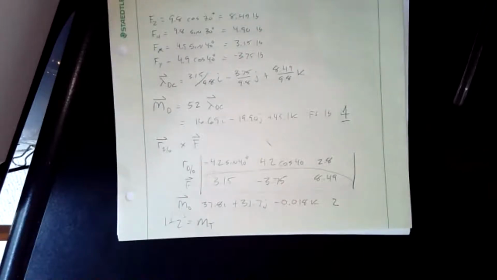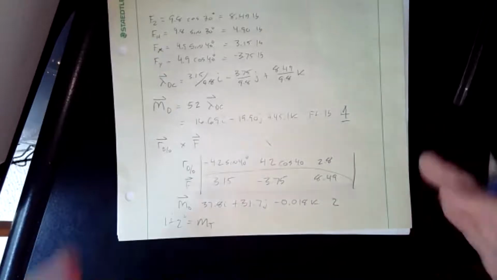I had a quick question. The lambda, you knew it was lambda DC because if you use the right hand rule and the way it was rotating, it's DC, not CD, right?